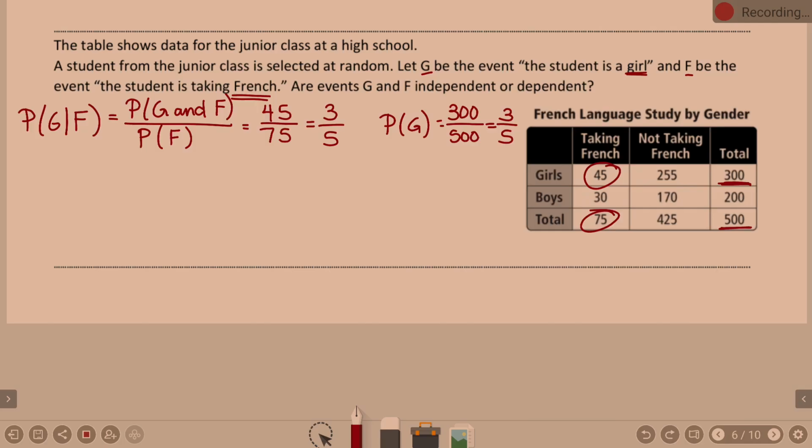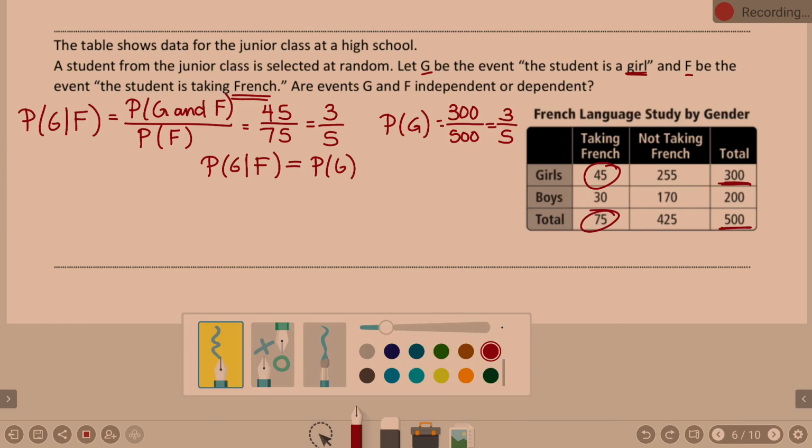What did we just discover? Both have to work for it to be independent. We discovered that the probability of a girl, given she's taking French, does equal the probability of a girl. Now, as I said, you can't assume yet. So now we've got to do it the other way.